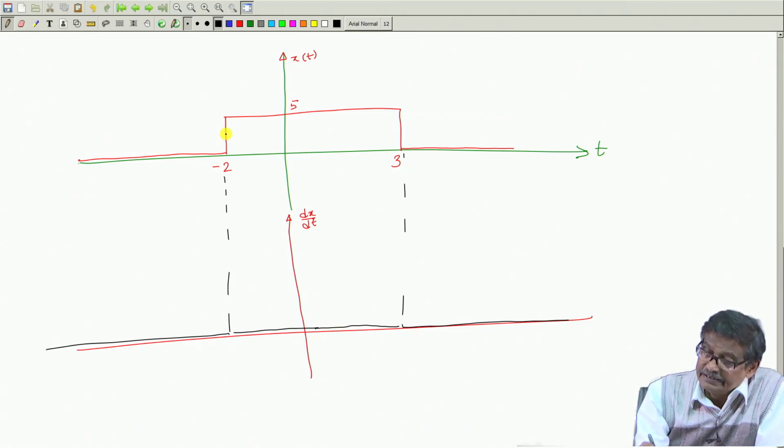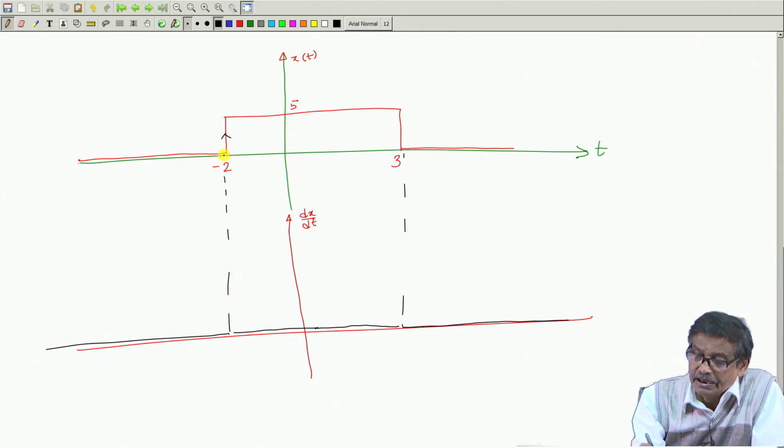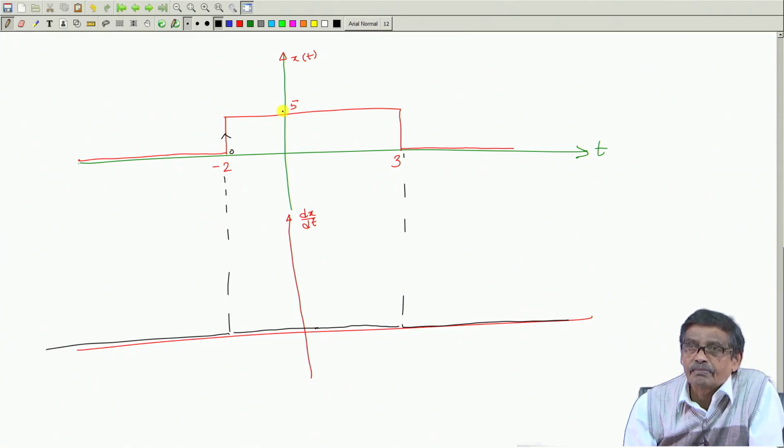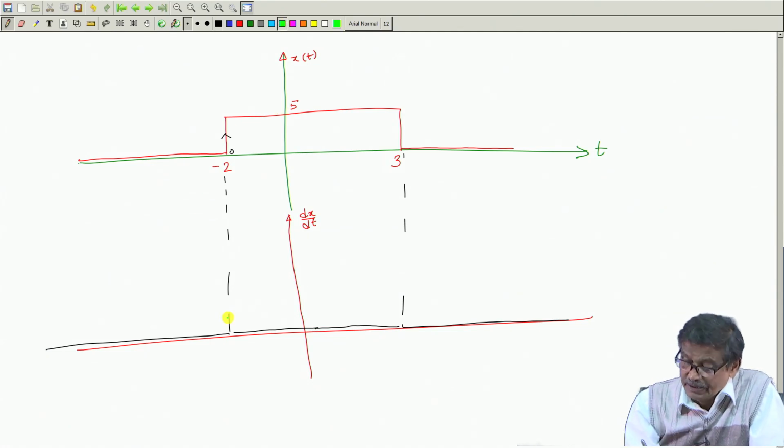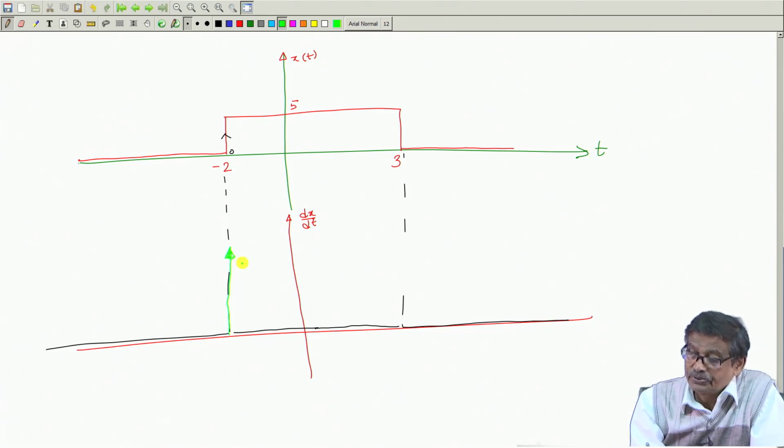But here lies the discontinuity. At t equal to minus 2, in no time it jumps from 0 to plus 5. So I expect there must lie an impulse here, a positive impulse of strength 5 delta(t).